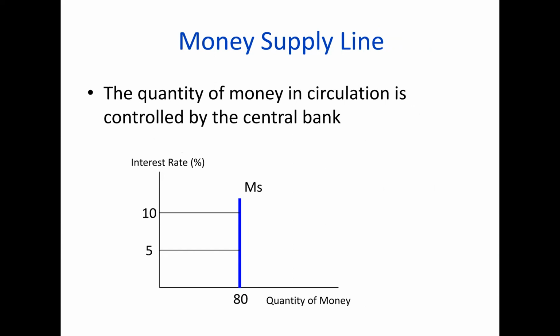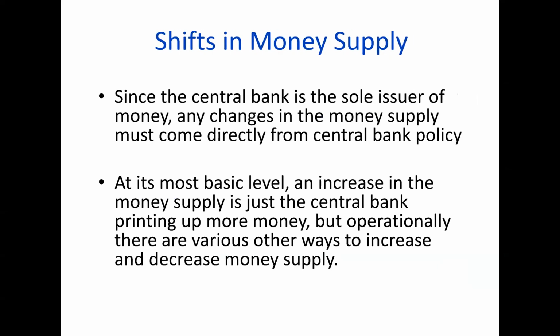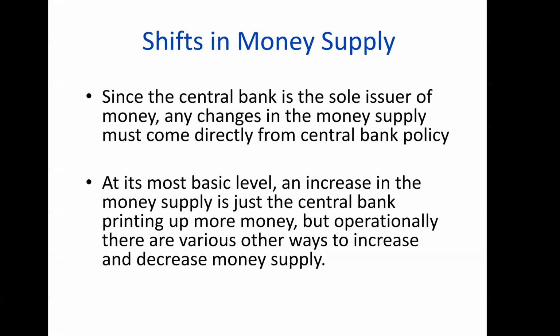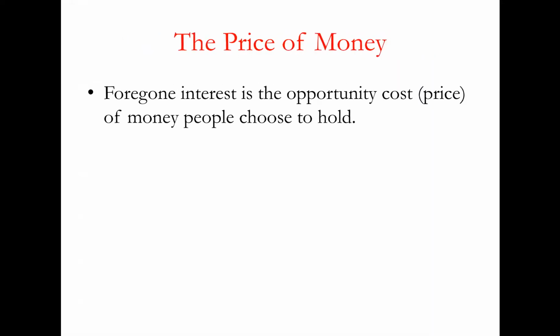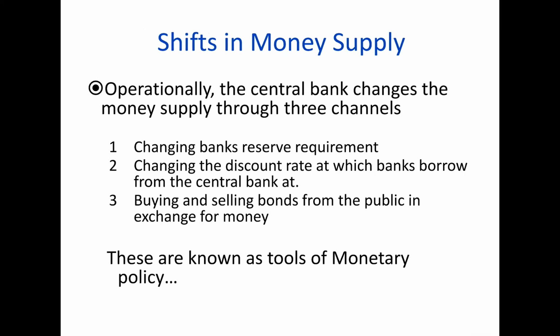The curve is vertical. Okay. And so you can see that when you increase the money supply, the supply curve shifts to the right. So these are basically some of the things that happen. Okay.